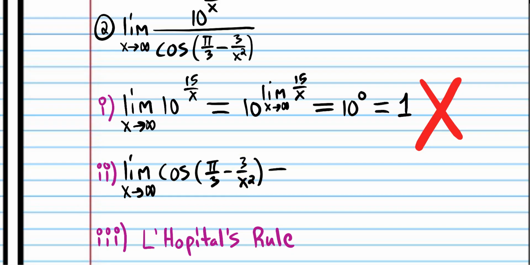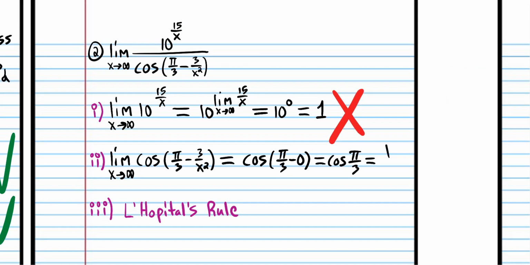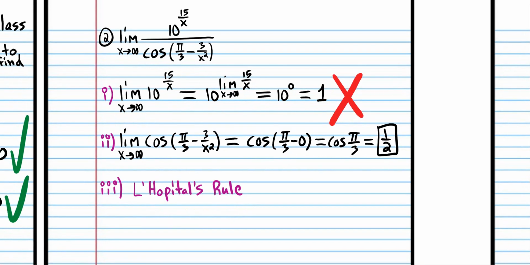And so, by all intents and purposes, we can just let it be 0, and we have cosine pi over 3 minus 0, which is equal to cosine pi over 3, and that's equal to 1/2. So again, that tells us that we can't use L'Hopital's rule.